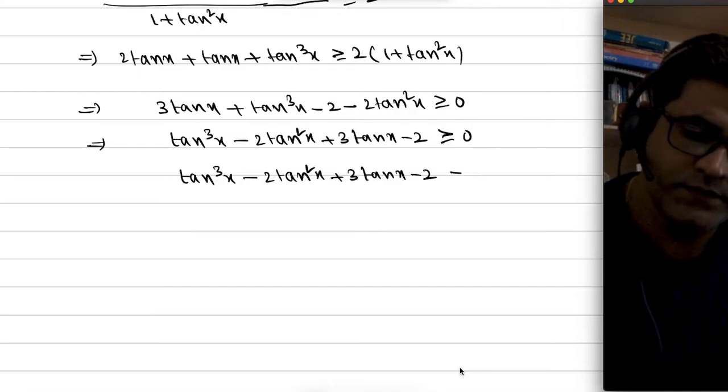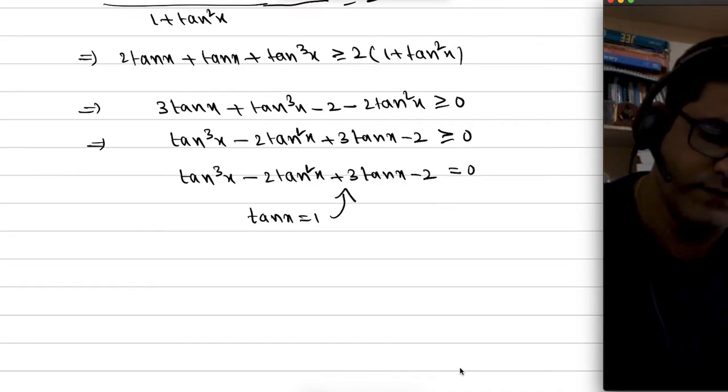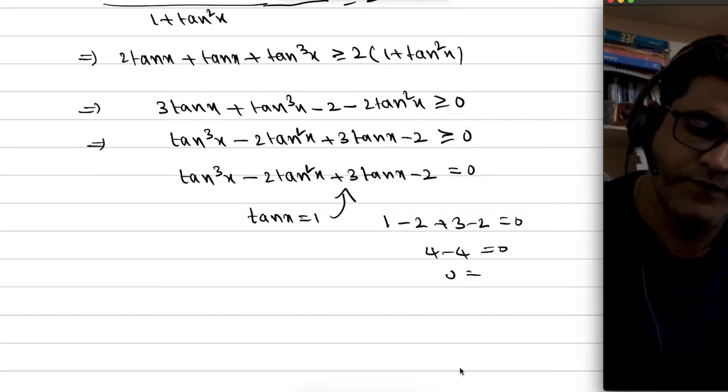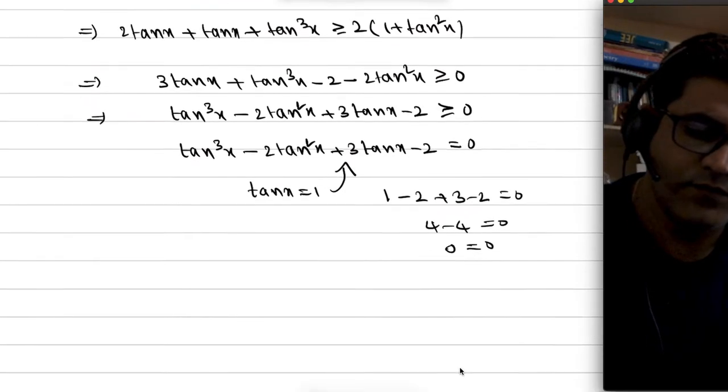How to factorize this cubic? By synthetic division. First you predict one root. So tan x equal to 1 if you substitute in this equation, then it becomes 1 minus 2 plus 3 minus 2, that is 4 minus 4. Therefore it satisfies. So now tan x equal to 1 is the root of this equation.